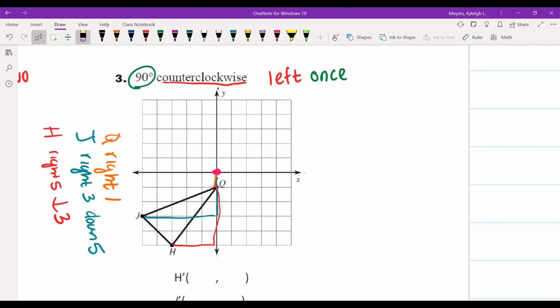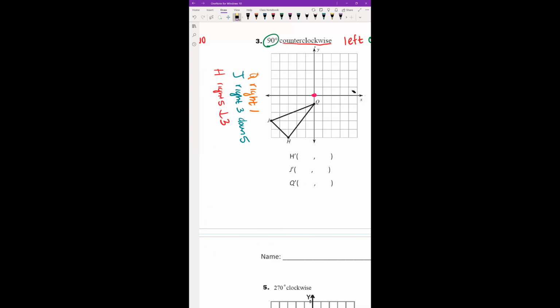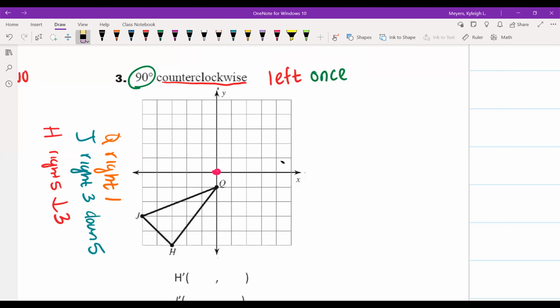So now that we have those, because we've rotated to the left correctly, now we reorient our screen. It needs to stop auto-rotating. Now we can go from our origin. So our Q was right once. So now this is our Q. So I did that.